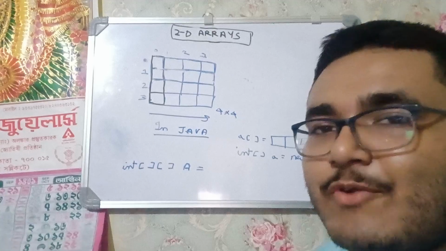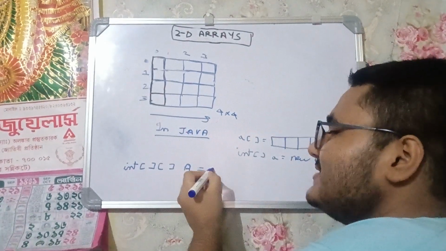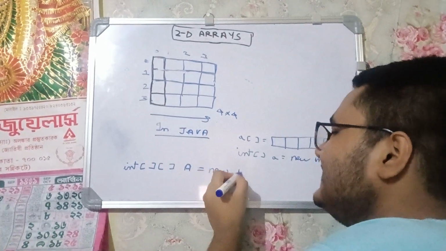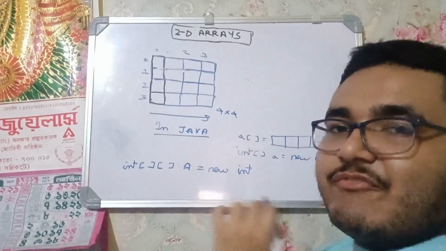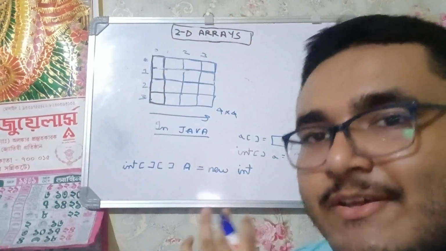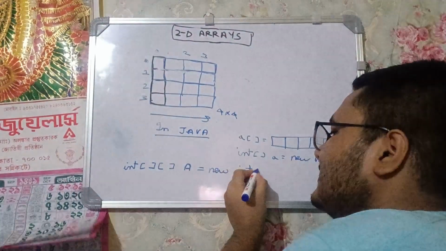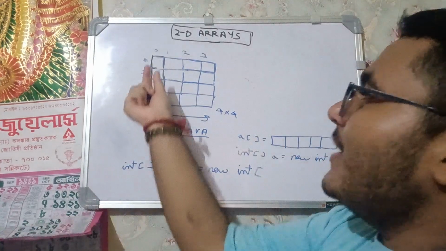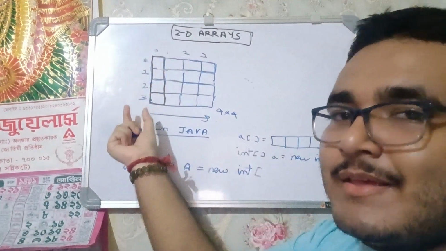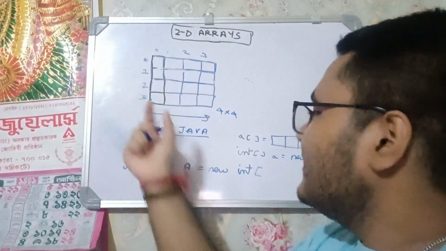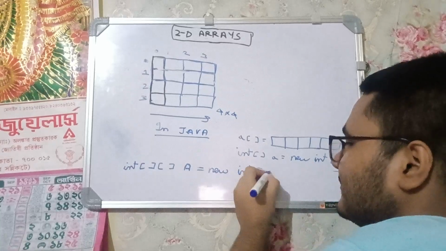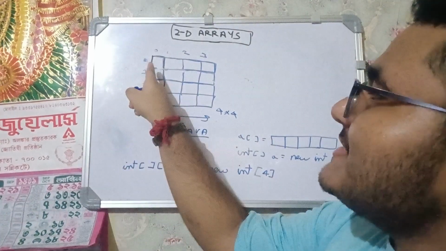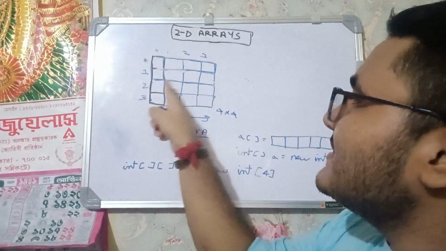Therefore, what today we are declaring is a new object of the integer class, so new keyword int. Now you have to pass the size. So now what is the size of this array? What is the size of this array? 4. What will be the size of the individual arrays?